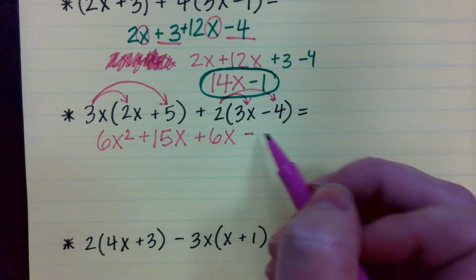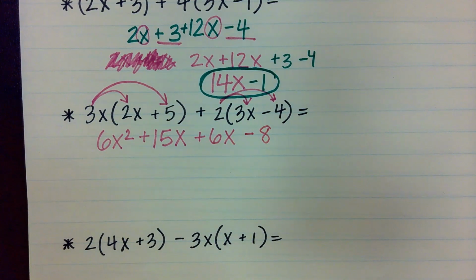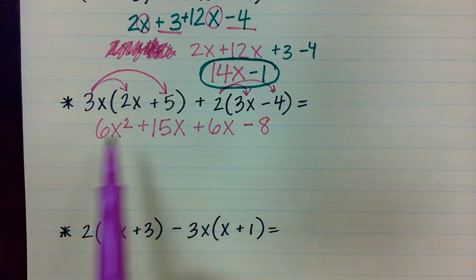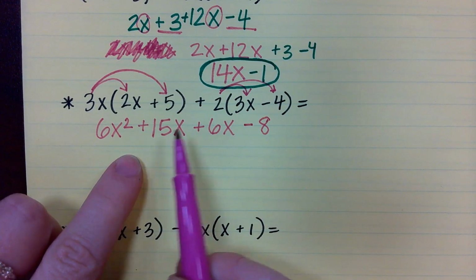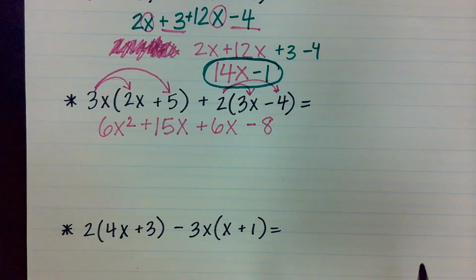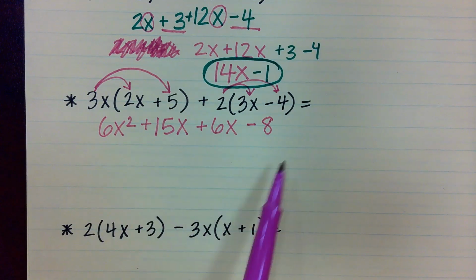Negative 8. Very good. Okay, so we are to this point. We've got all of our terms separated. We want to make sure that we are completely simplified. Is this expression simplified? No. What do we need to do?